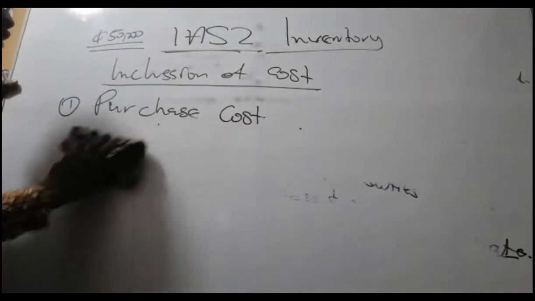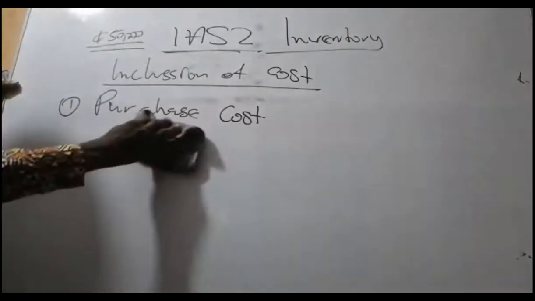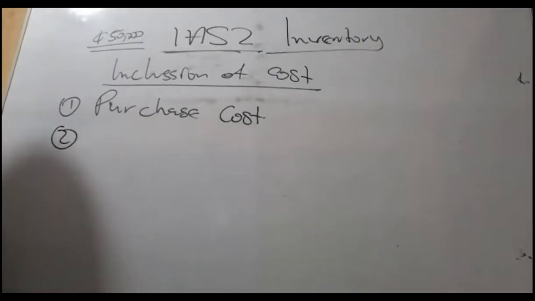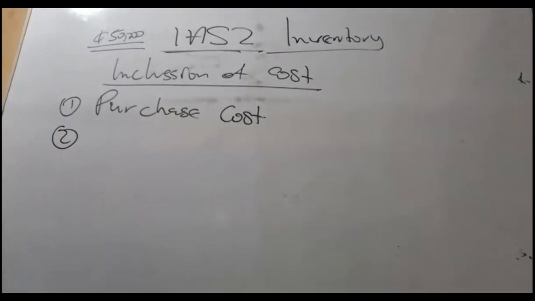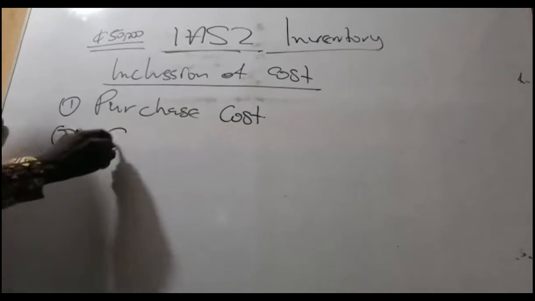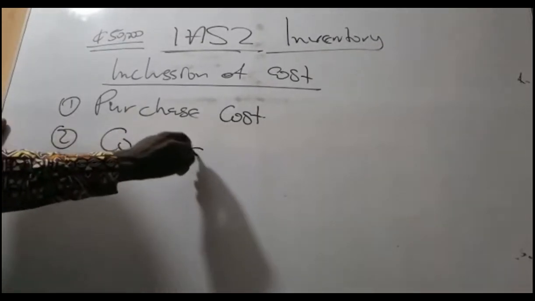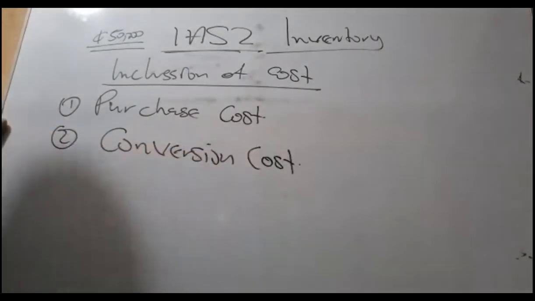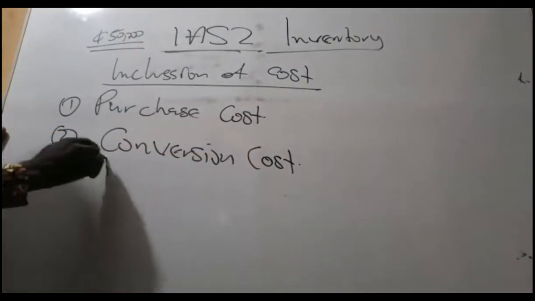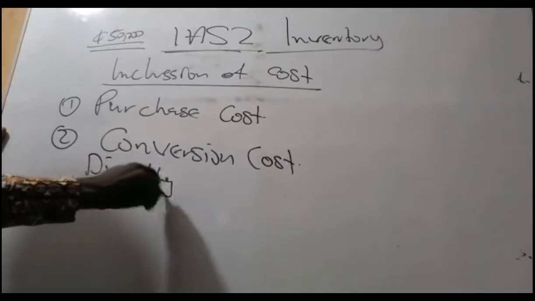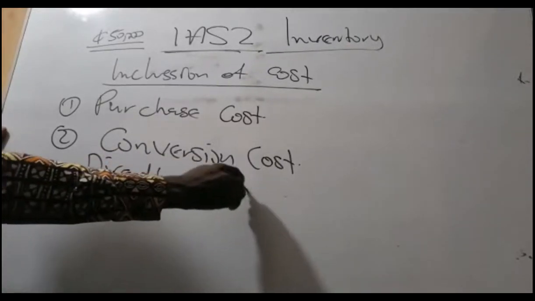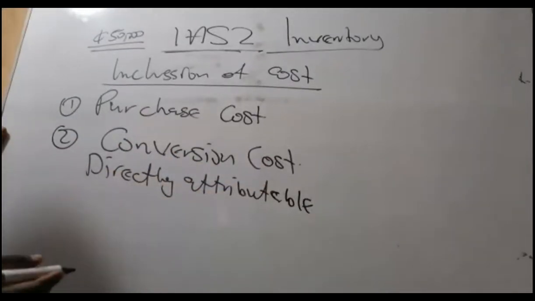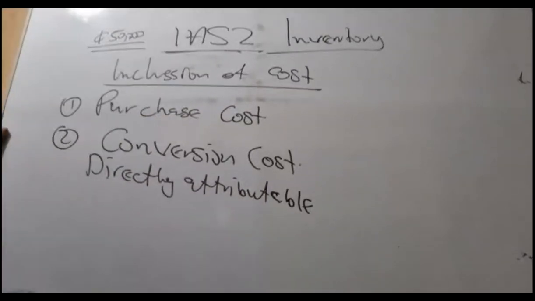Now the second cost that when you incur it, you have to include it, add it to it. Two is the conversion cost. So conversion cost: these are the directly attributable labor and overhead cost.